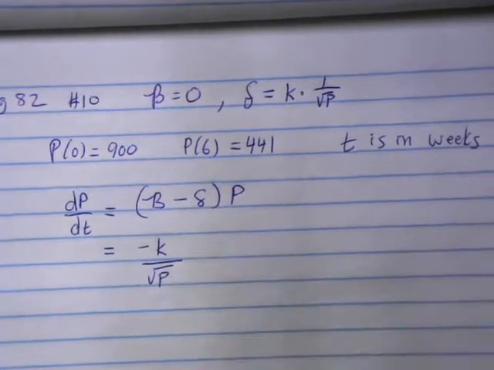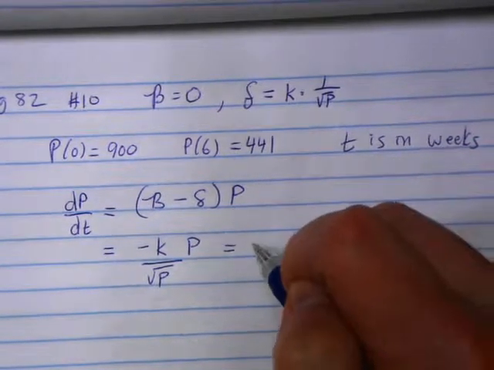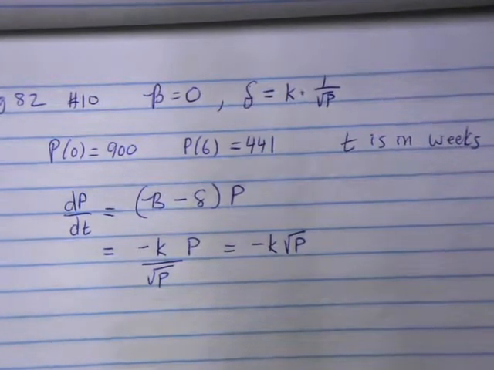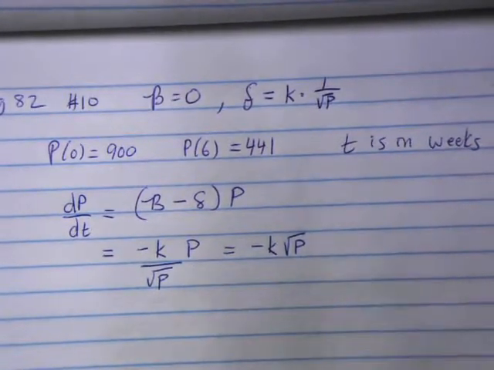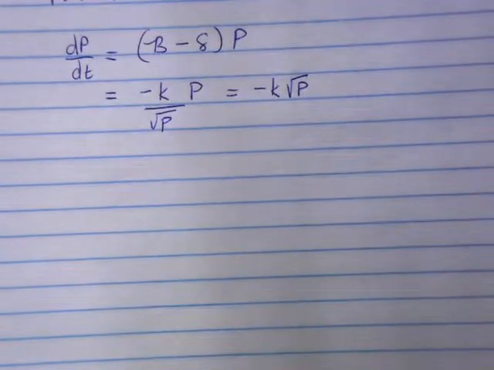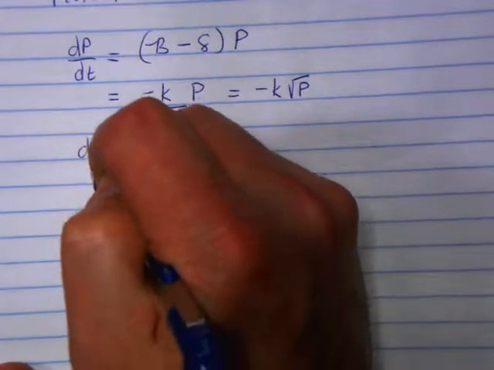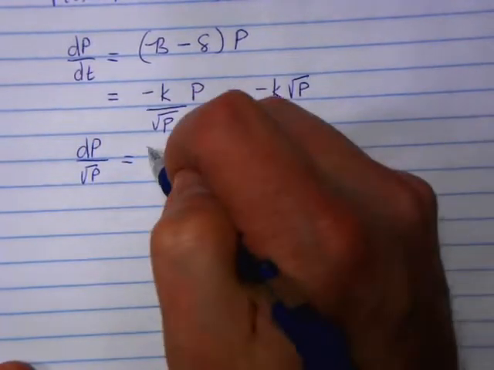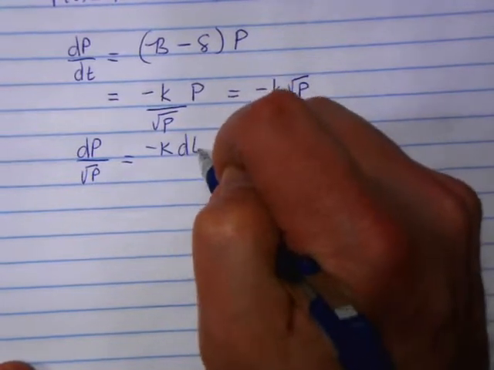Zero minus k over root p times p, which is minus k square root of p. P divided by square root of p is square root of p. What kind of equation is that? Separable. I can write this as dp over the square root of p equals minus k dt.